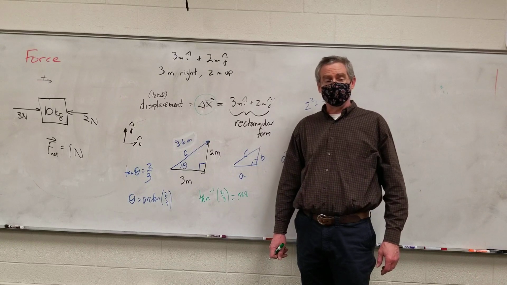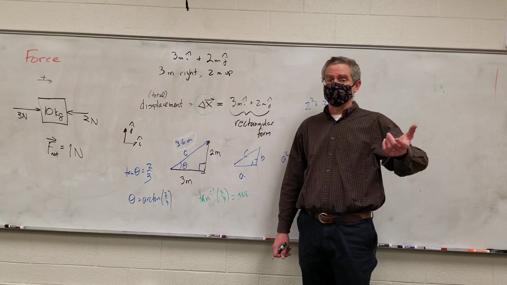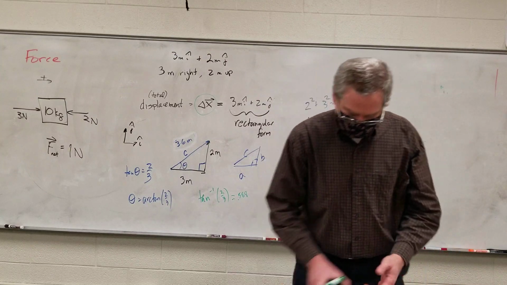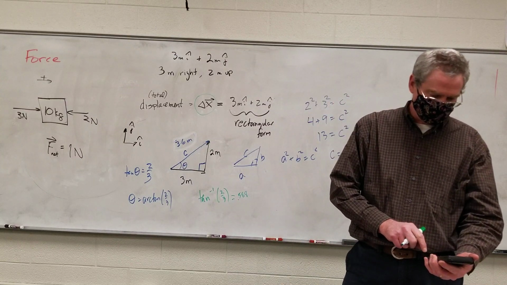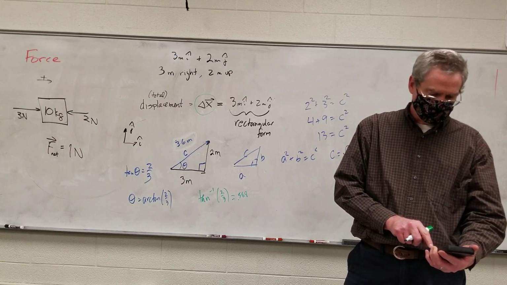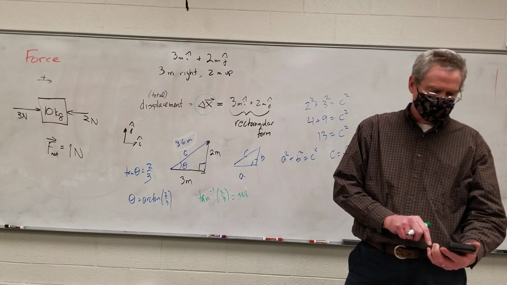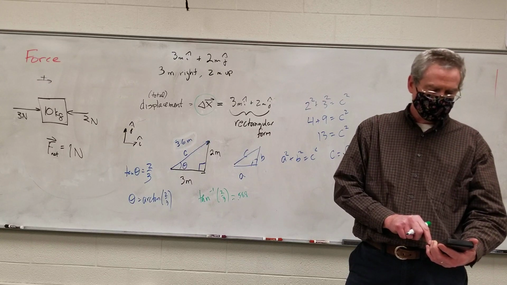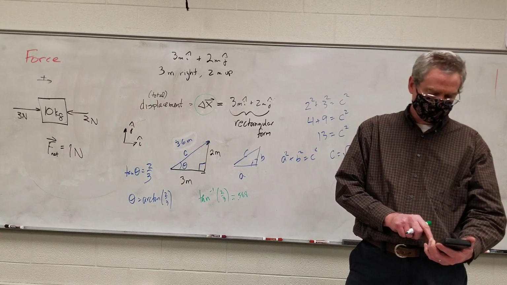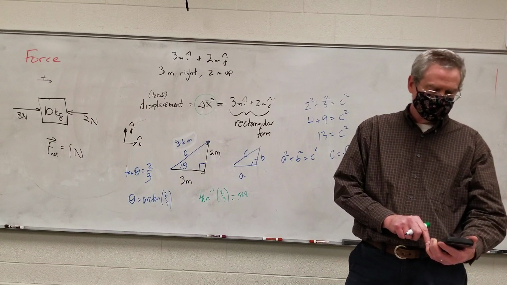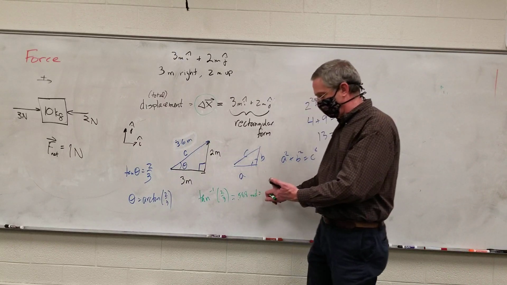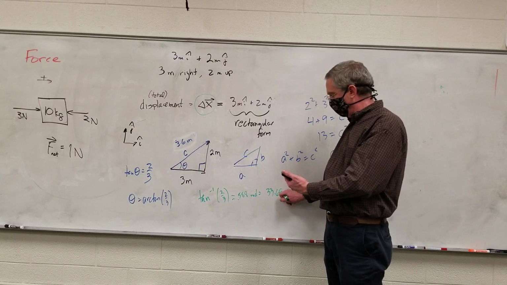I think your calculator's in radians. Would you like to use the calculator? It's always awkward when I use these, let's see. Tan inverse 2/3. This one is too. Radians, that's a different unit system. 33.69 degrees.